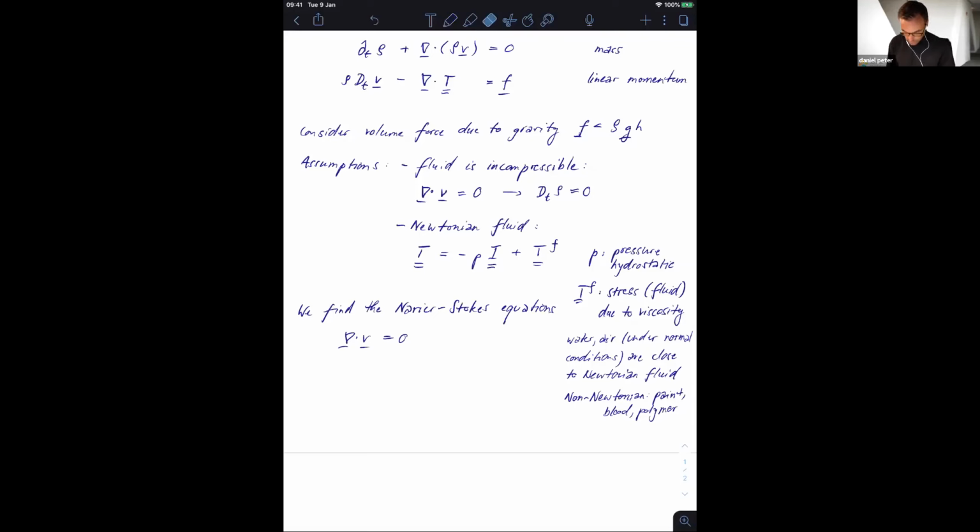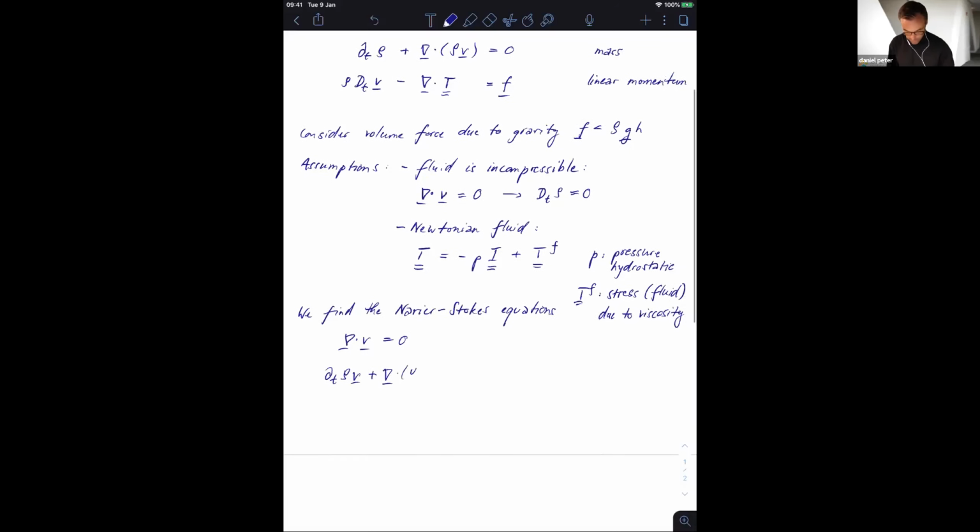Let me quickly get rid of these notes here. And now the second equation becomes the time derivative of rho times velocity plus the divergence of rho times the tensor product v times v, equal to minus grad of pressure plus rho g, the acceleration, plus the divergence of this fluid stress.